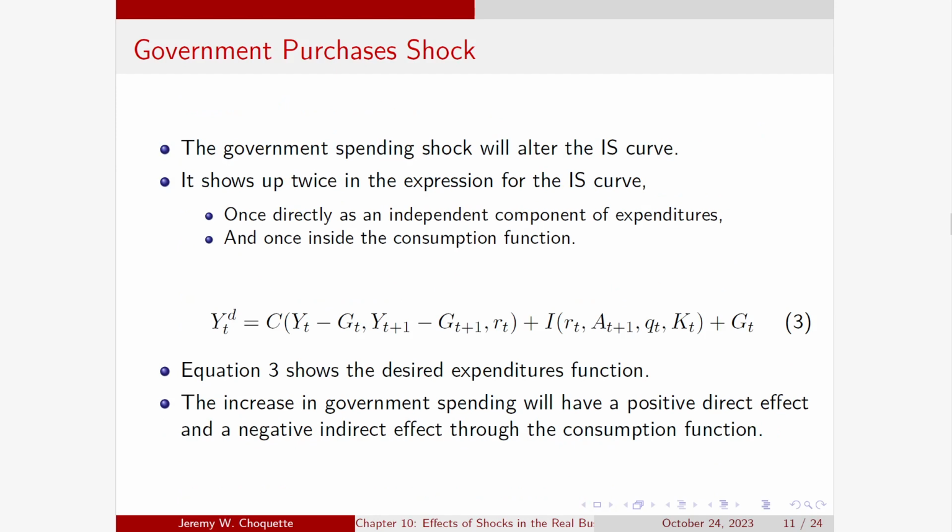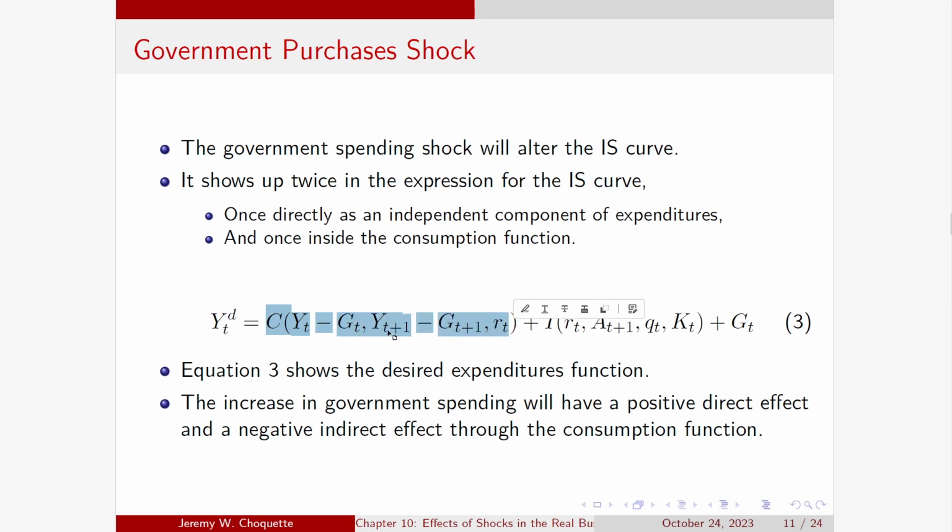Now, the government spending shock will also alter the IS curve. If you notice, it shows up twice in the IS curve. Once directly as an independent component of expenditures, and then once inside the consumption function. What's the consumption function? Well, it's this guy right here. So this is the desired expenditures function, right?